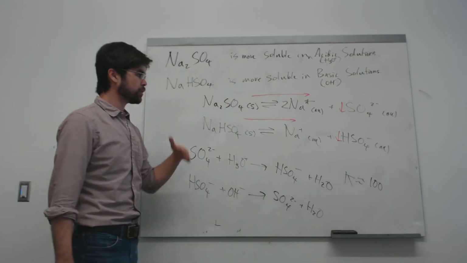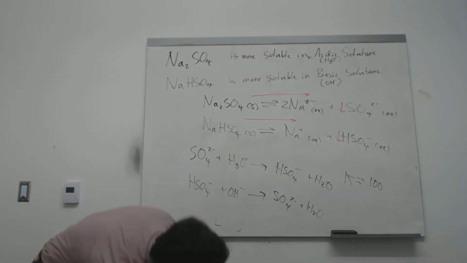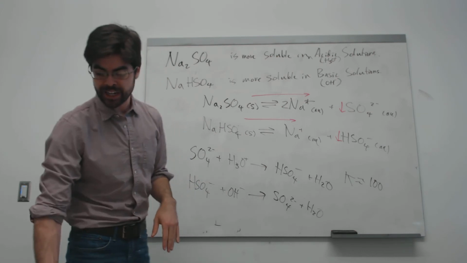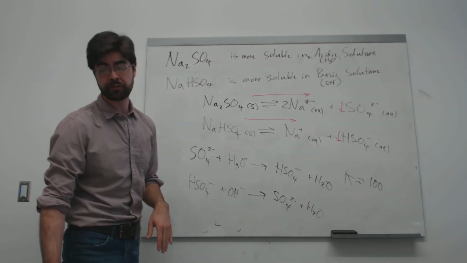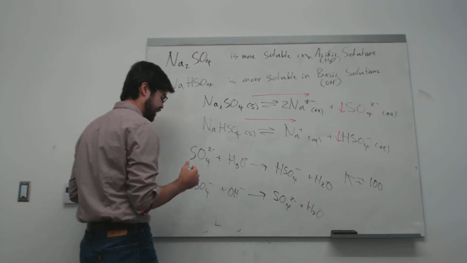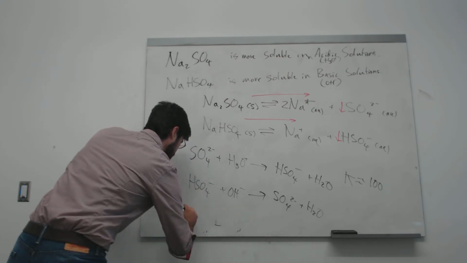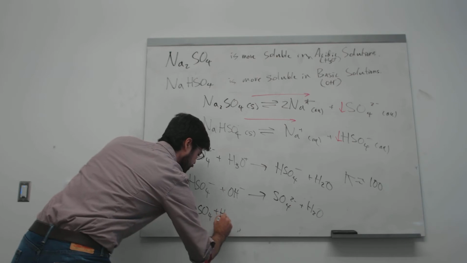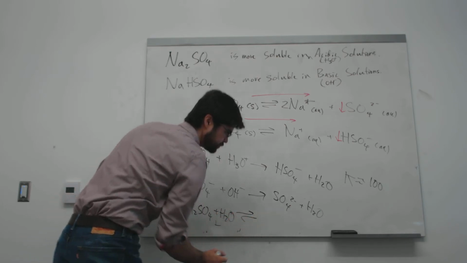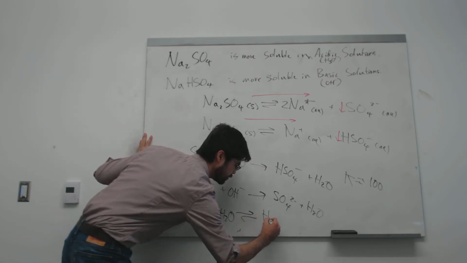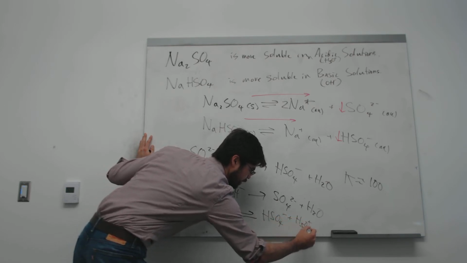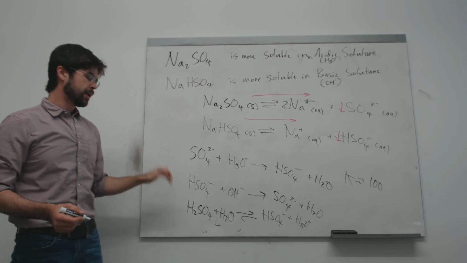Now, if you're astute, you might also note that HSO4- is the conjugate base of sulfuric acid. So you can have a third reaction here that could occur, which is a reaction between H2SO4 and water, and then you get HSO4- plus hydronium.